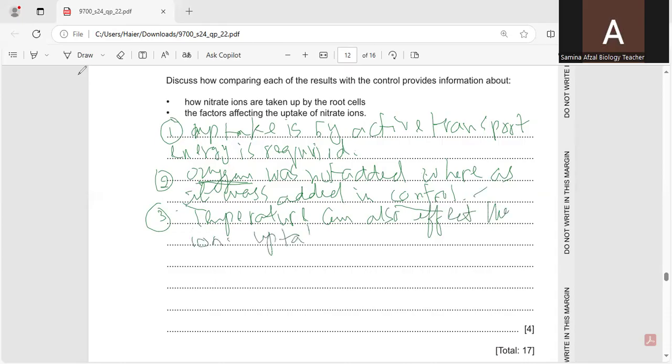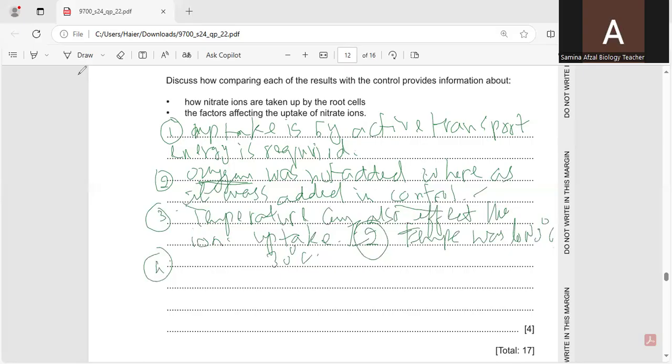You can see in experiment number 2, the temperature was very low, only 3 degrees centigrade, whereas in the control experiment it was 30 degrees centigrade. So it can also affect the rate of reaction.